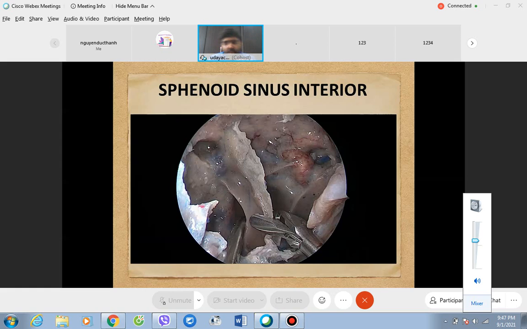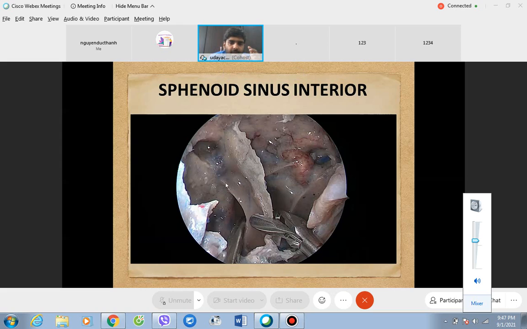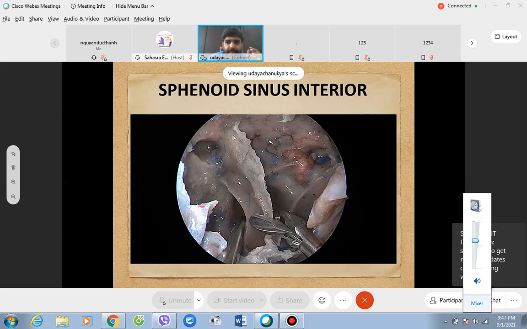It is either towards the right side or the left side. In this, it is towards the right side, and one important thing to remember is that the attachment of the intersphenoid septum is onto the vital structures behind these walls. So before breaking it, we have to be very careful because we can actually damage the vital structures behind it.